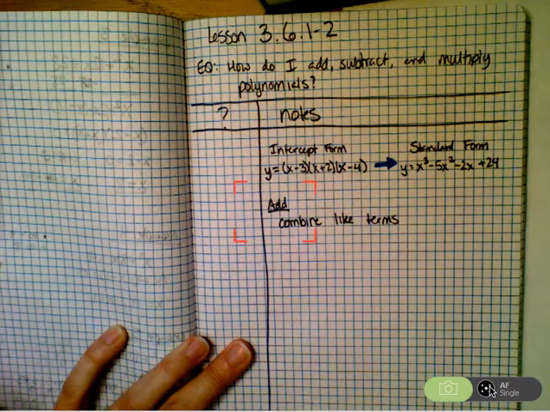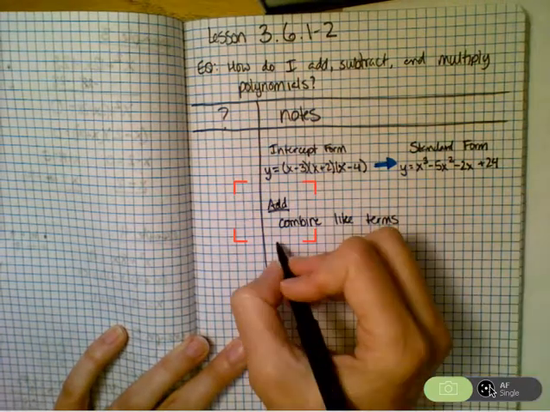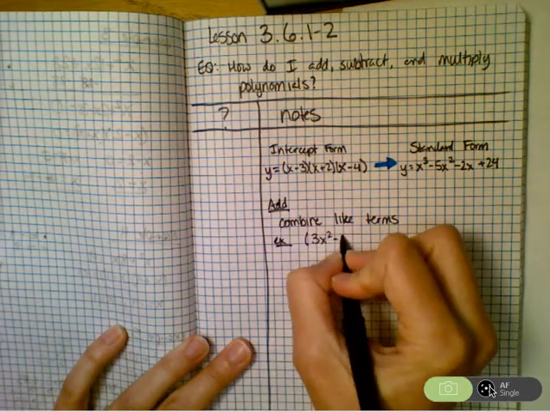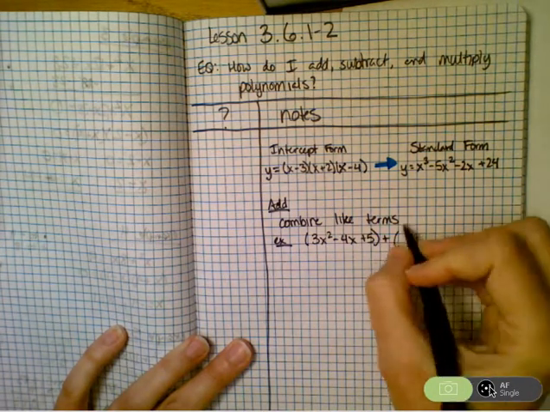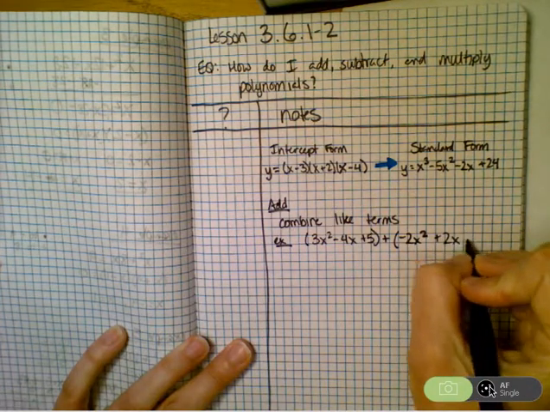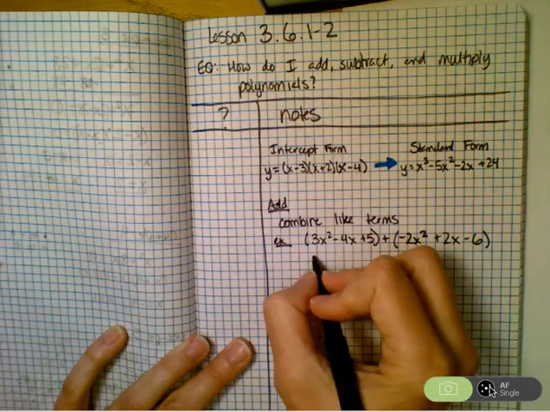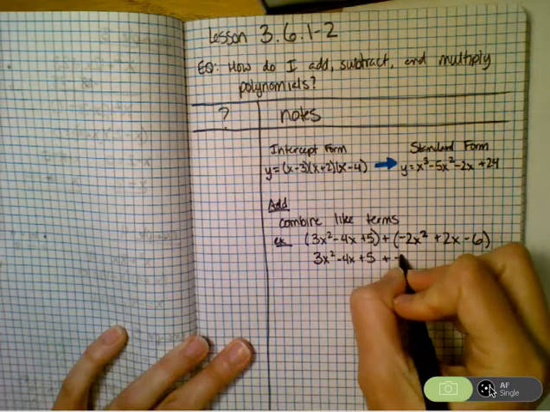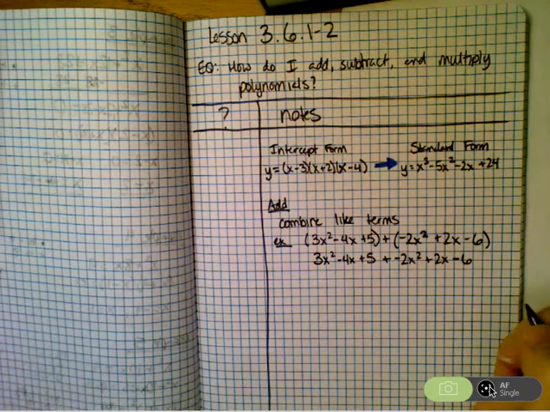So for example, if we had 3x squared minus 4x plus 5 plus negative 2x squared plus 2x minus 6. So for adding, we basically can just drop the parentheses: 3x squared minus 4x plus 5 plus negative 2x squared plus 2x minus 6. And then we look for like terms.